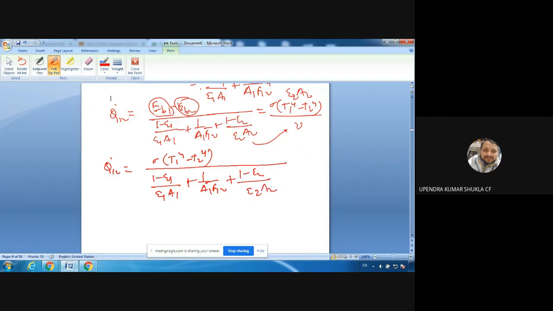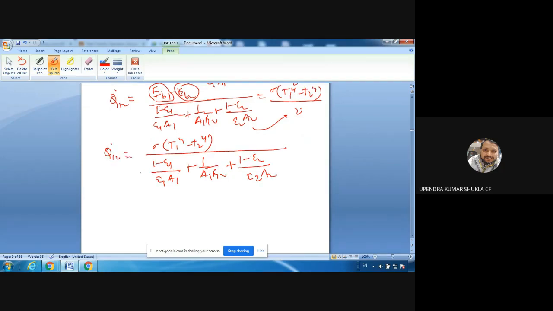Now we have taken two parallel gray surfaces, and this is the radiative heat exchange between two parallel gray surfaces.